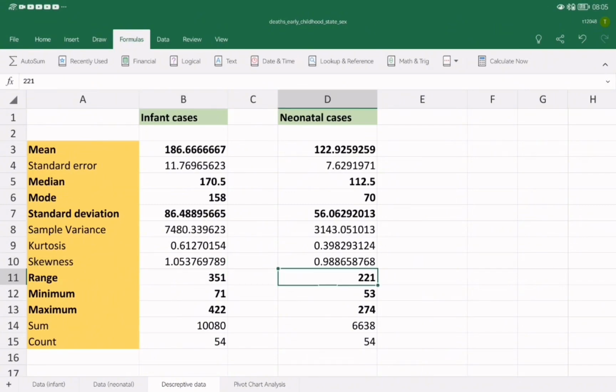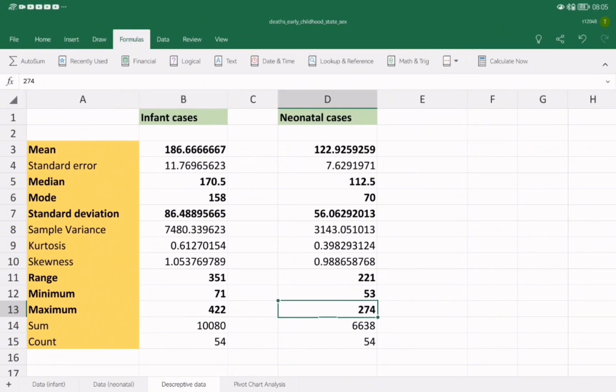The minimum of infant cases is 71, and 53 for neonatal cases. For maximum, it is 422 for infant cases, and for neonatal cases the maximum deaths is 274.